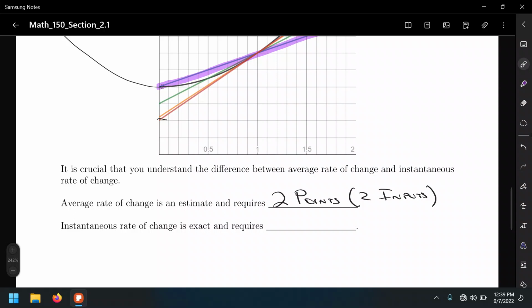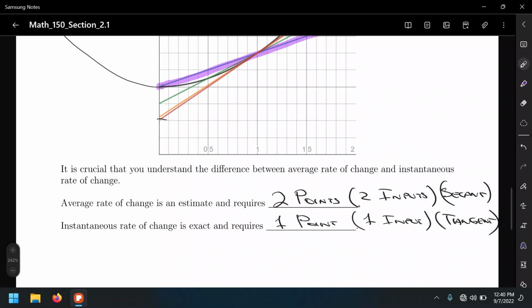For the instantaneous rate of change, we only require 1 input, or basically 1 piece of information. Secant, 2 inputs, and that's the tangent. All right.